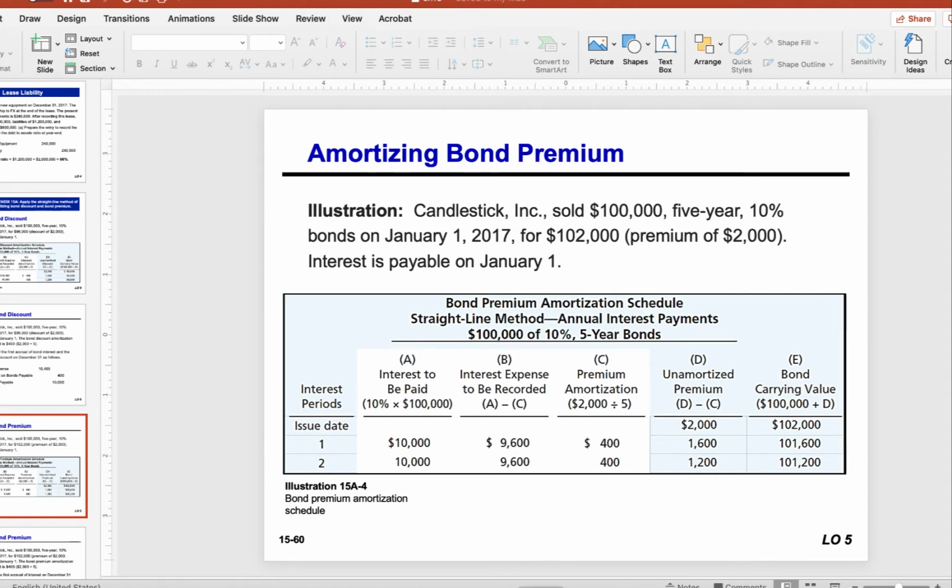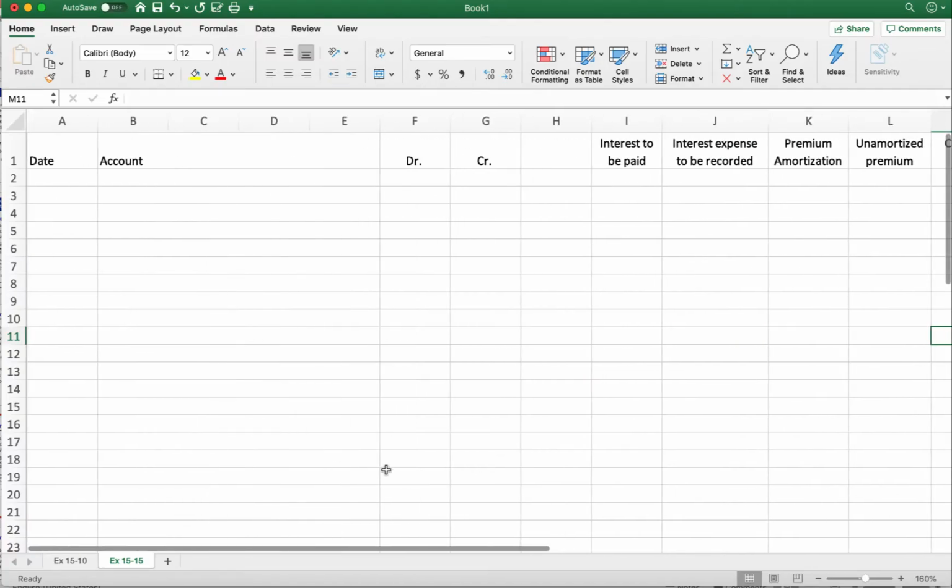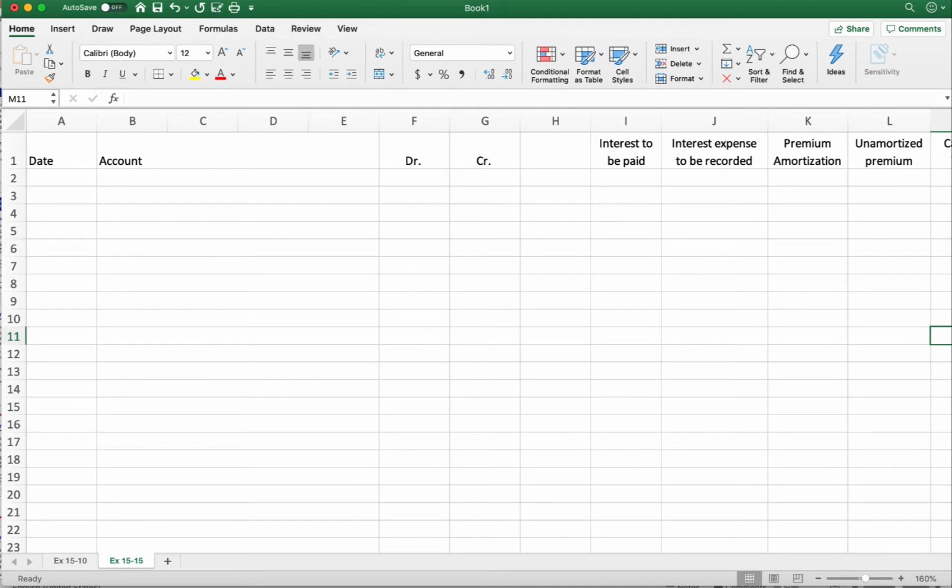Let's look at what we need to do. If you follow along in the book on page 679, for part A, it says issue the bond. Well, that's easy. Hopefully you already have in your notes the journal entry to do this.